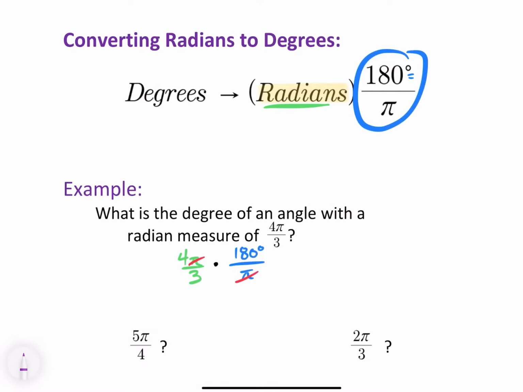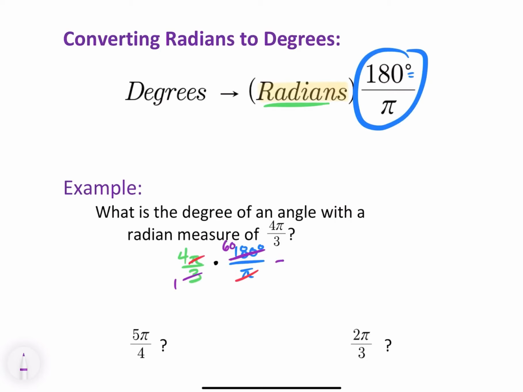They both can be divided by 3, so that 3 becomes a 1, and the 180 becomes 60. So now all I got to do is multiply straight across, and now I got 4 times 60, and 4 times 60 is 240, and then we have 1 in the denominator, so that's just going to be 240. And remember, that degree sign is still there. So now we have 240 degrees. So 4 pi over 3 is the same thing as 240 degrees.